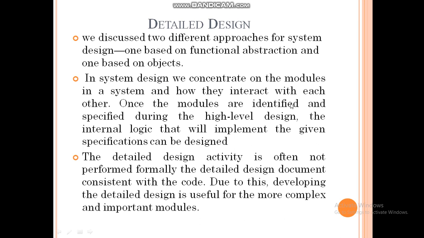Once the modules are identified in the system design, the next step is the high level design. High level design means how one module communicates with another, and how each module performs to run the system. That is high level design.